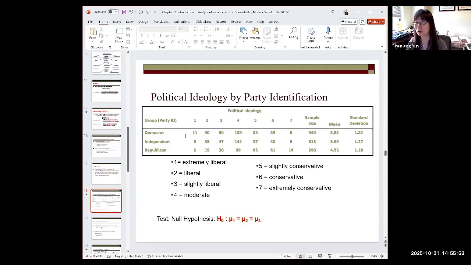Democrats usually lean to the liberal side, but their ideological spectrum is much more broadly spread out, because in American politics over the last 40 to 50 years, we tend to have broader demographic groups as Democrats.